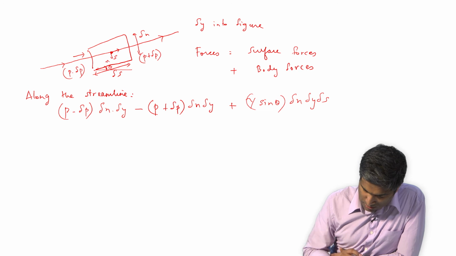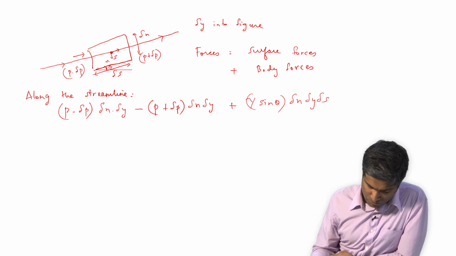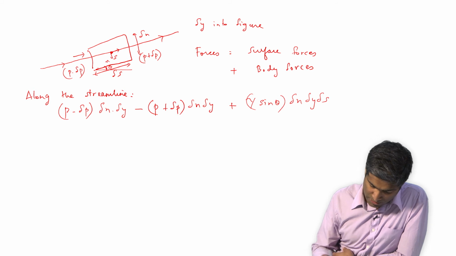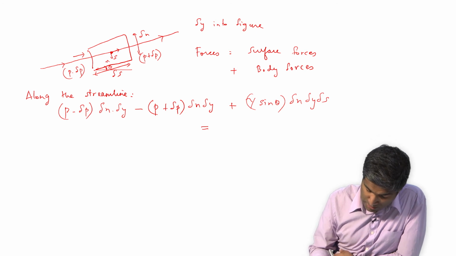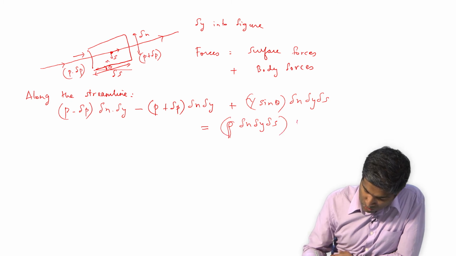This expression has both surface forces and body forces, and this whole thing needs to be equal to the mass times acceleration. Now the mass is nothing but rho times volume, so that's rho times delta n delta y delta s. And the acceleration that we just calculated was half times del V squared by del s.